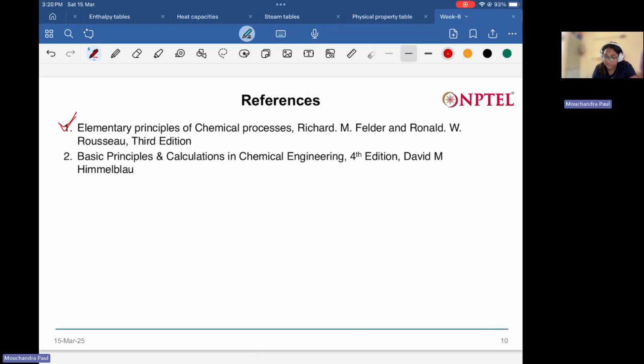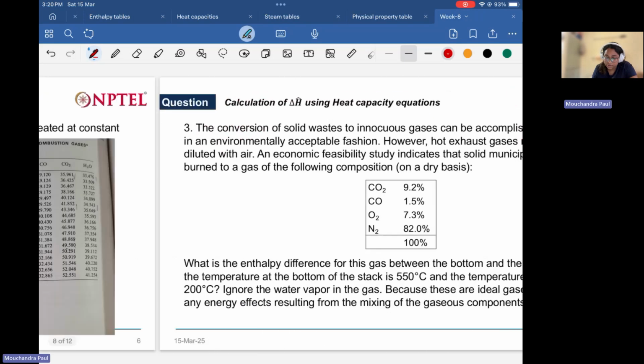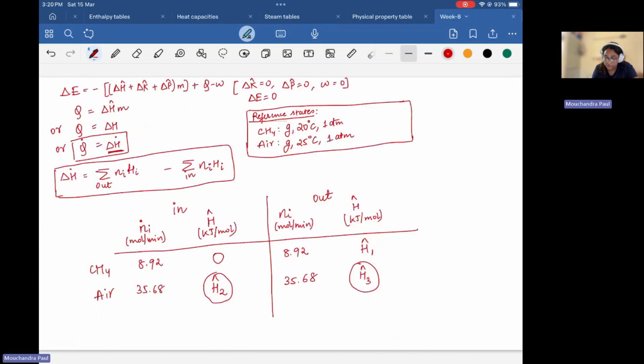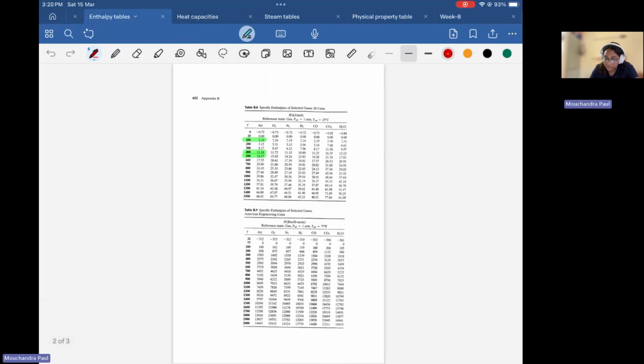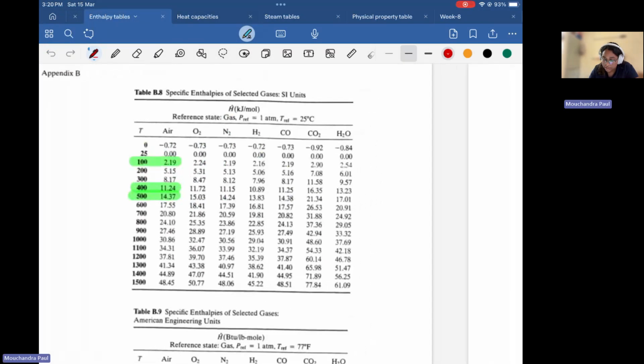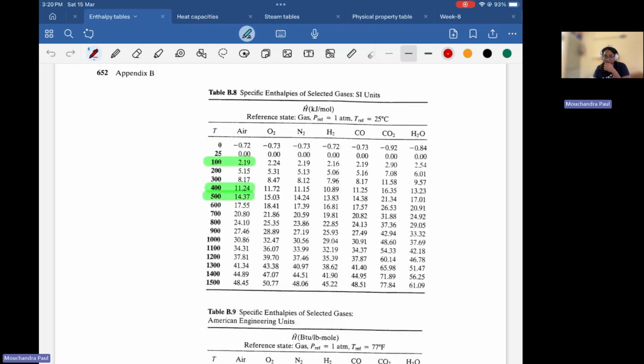In this book, table B8 gives the specific enthalpy of selected gases in kilojoules per mole.